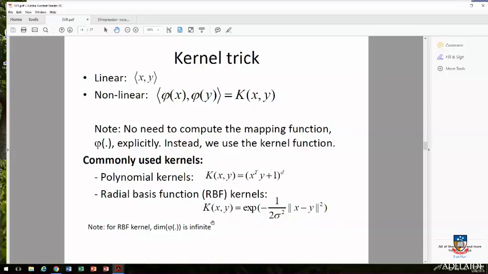Just empirically, the RBF kernel works very well. And actually, there's no principled way to know which type of kernel works better than the other one. There's no such analysis at all. It's heuristic. That's why, in most of the cases, people just apply the RBF kernel.